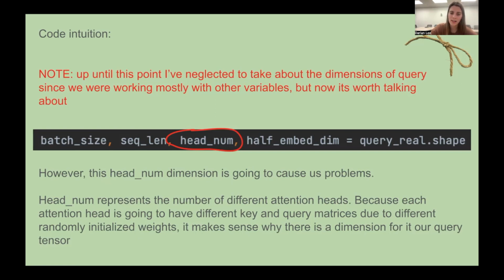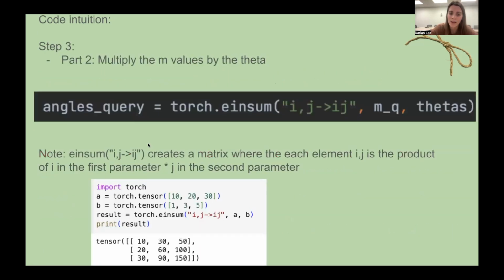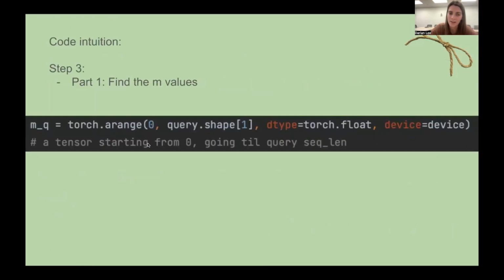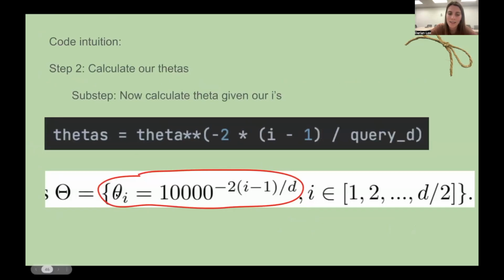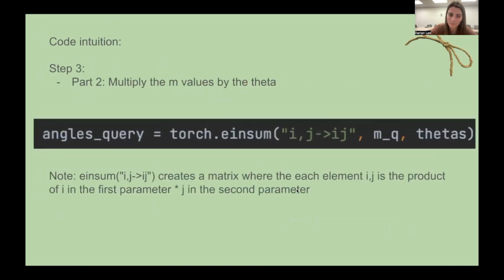So essentially, why I say we need to project is because even though these queries are going to be slightly different depending on the heads, the m theta values aren't going to change dependent on the heads, right? Because theta, as we can see here, is only dependent on the dimension, and m is just going to be dependent on the sequence length.